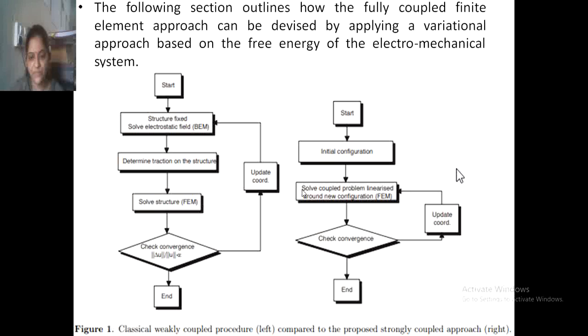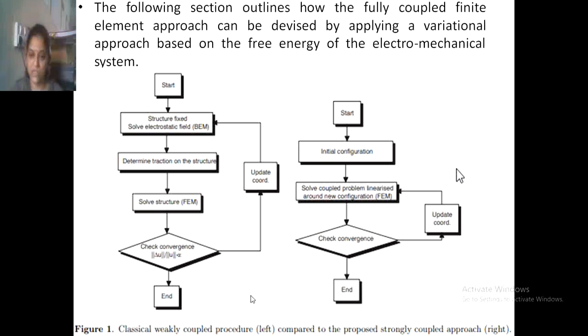Compared to this, the strongly coupled approach is shown here. At the start, the initial configurations are used. So solve the coupled problem linearized around the new configuration, that is the finite element method.